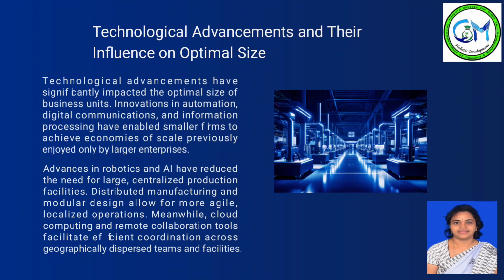Innovations in automation, digital communications, and information processing have enabled smaller firms to achieve economies of scale previously enjoyed only by larger enterprises. Advances in robotics and artificial intelligence have reduced the need for large centralized production facilities.